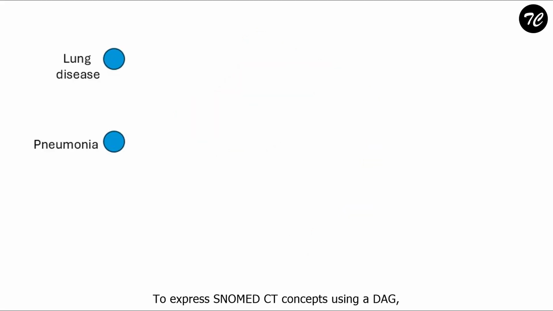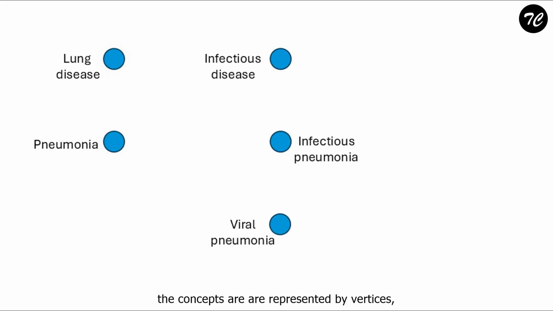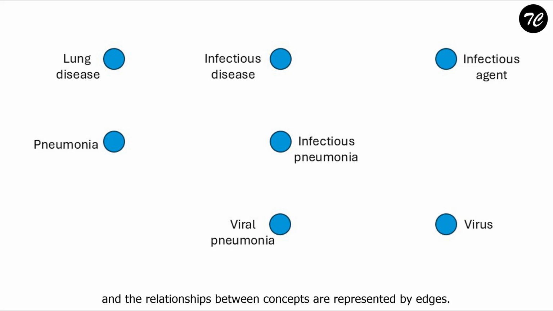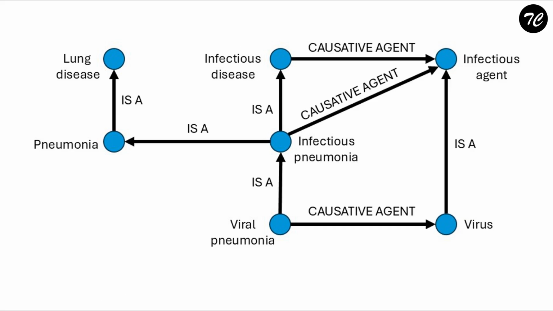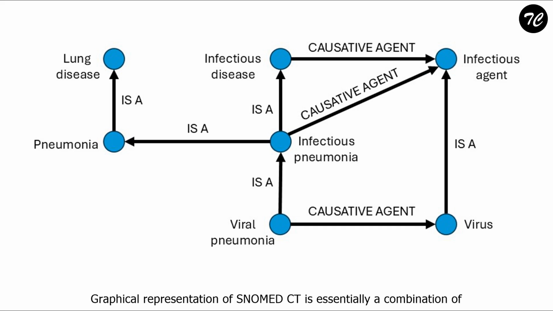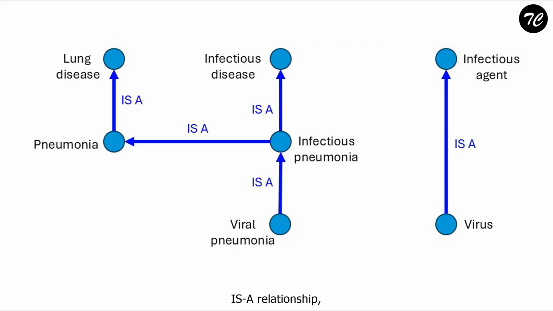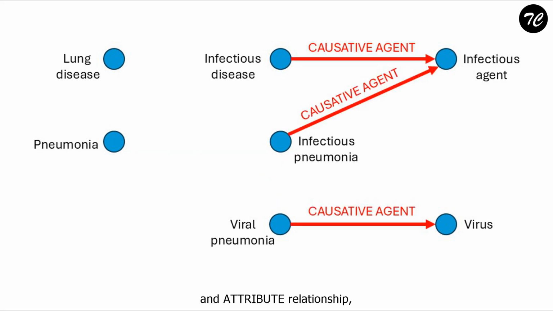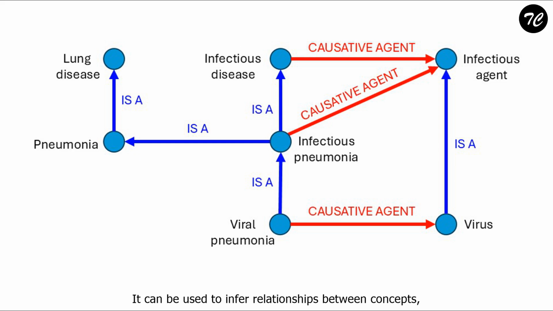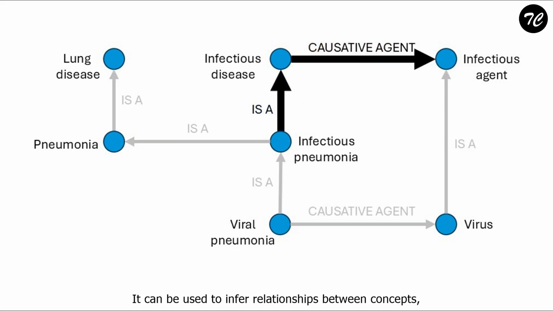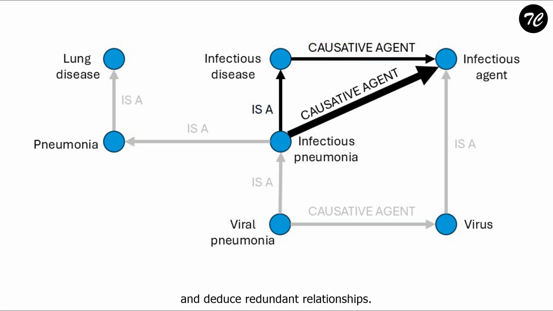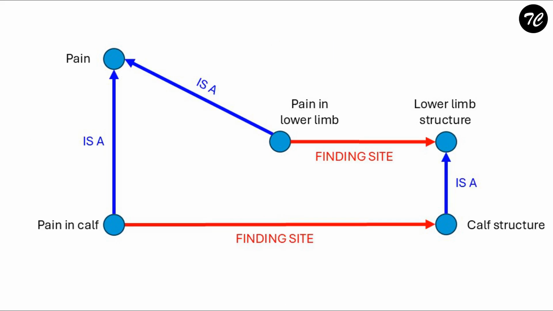To express SNOMED-CT concepts using a DAG, the concepts are represented by vertices, and the relationships between concepts are represented by edges. Graphical representation of SNOMED-CT is essentially a combination of is a relationship and attribute relationship, which connects two different hierarchies. It can be used to infer relationships between concepts and deduce redundant relationships.